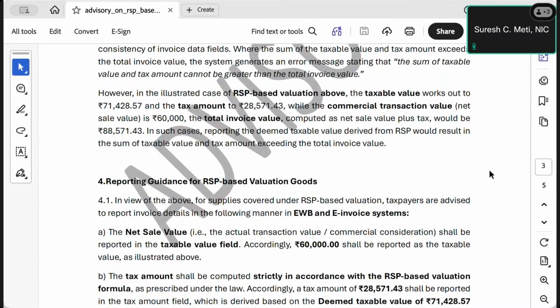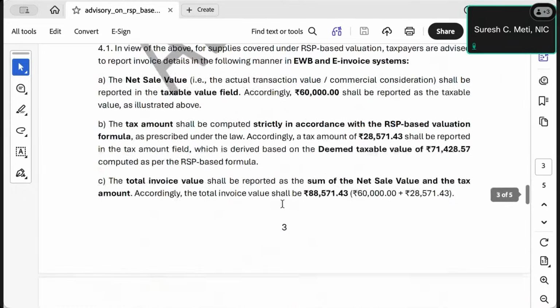And also the tax amount for each item is not being calculated by the system. Earlier, we used to calculate the tax amount based on the taxable value of the item multiplied by the percentage of tax applicable for that particular item.